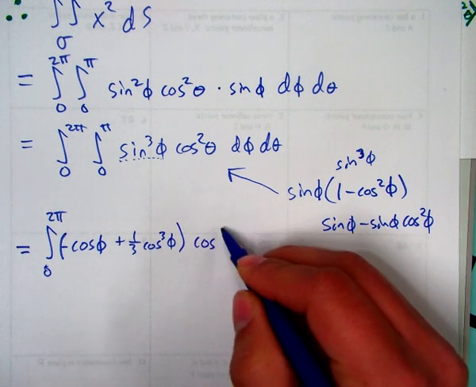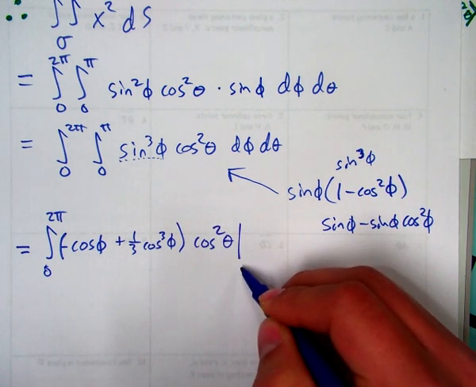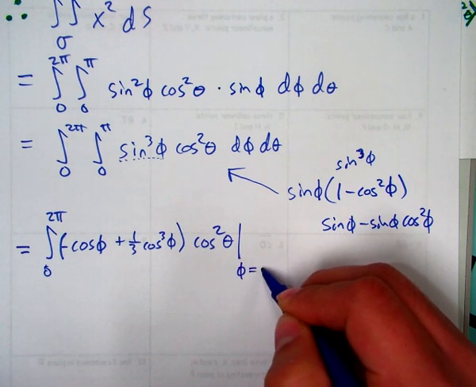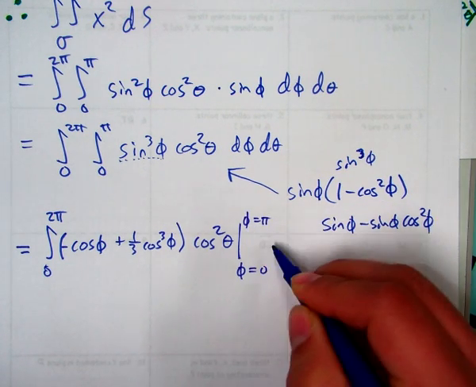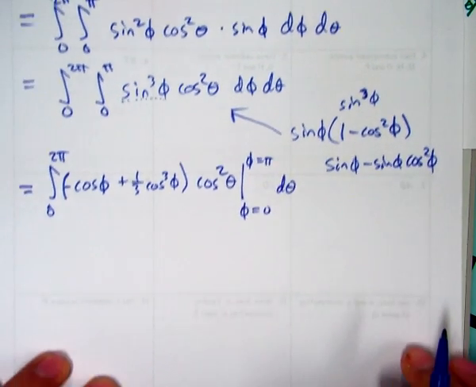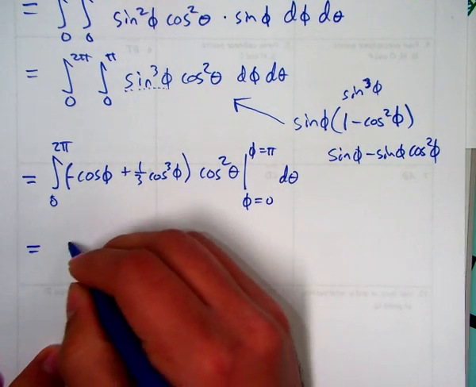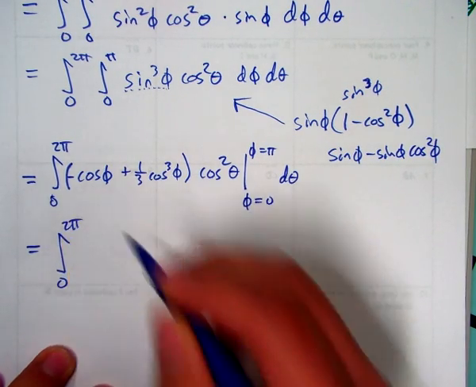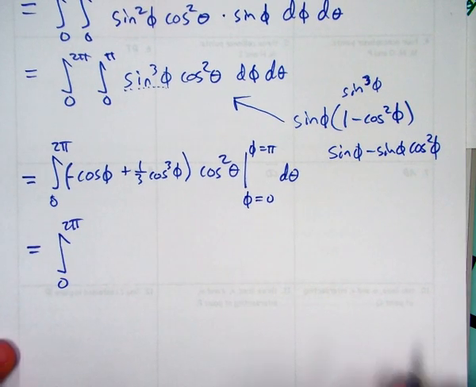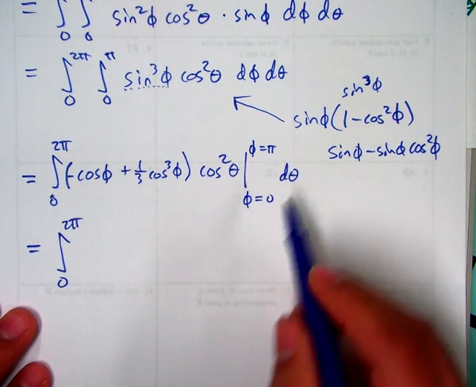And we still have cosine squared theta, and this is from phi equaling 0 to pi, d theta. So now if we plug in the bounds, let's see.